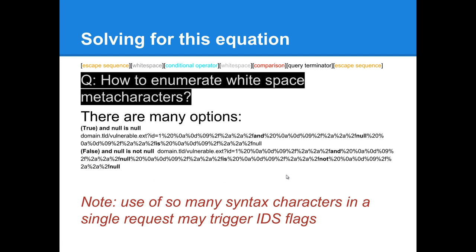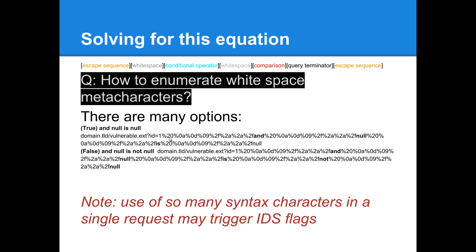So, to enumerate white space in this equation, there are actually many options other than just space and tab. So this is an example. One could copy paste this for reference, and again, in isolation stripping, you just want to test one thing at a time.